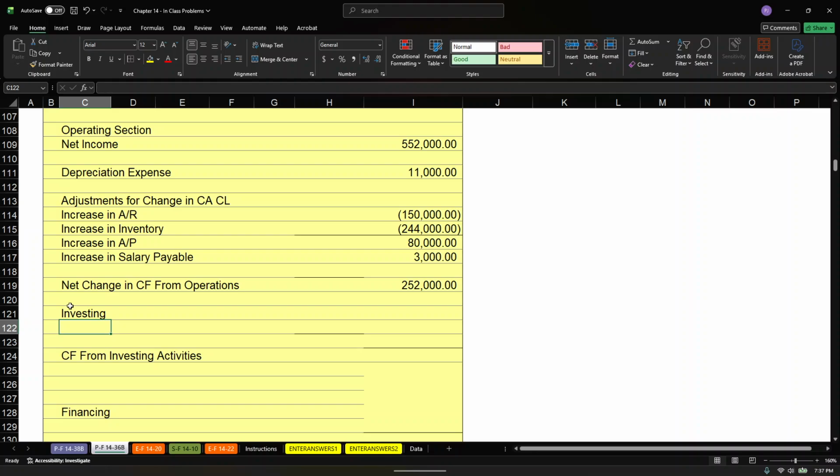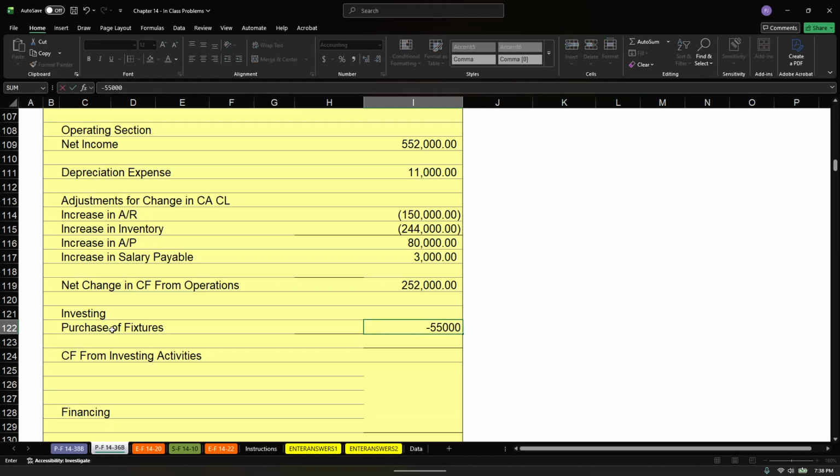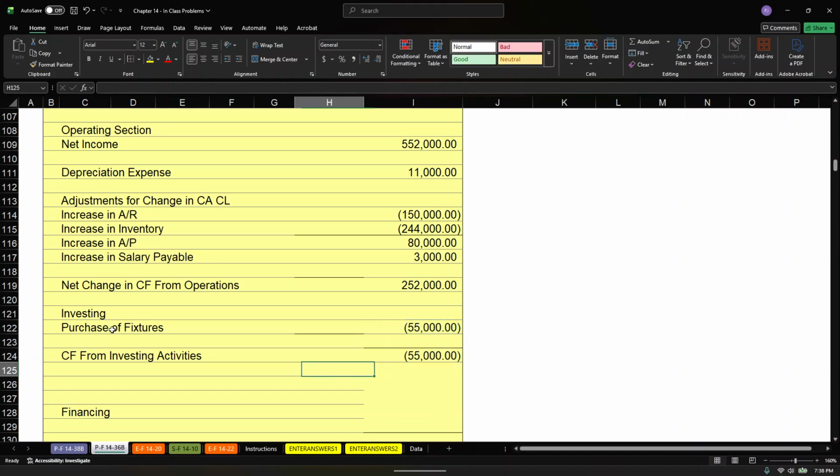The fixtures, right? And was that an inflow or outflow of cash? Outflow, right? This is the acquisition. So we have purchase of fixtures. That was a negative 55,000. That was the only investing activity.